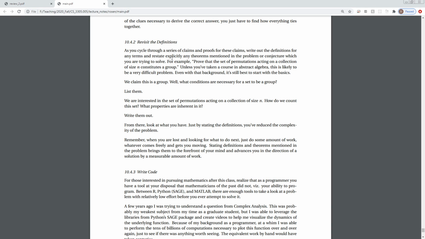I always start with the definition. So if I have some proof that's asking me to prove something, right? So prove that the set of permutations acting on a collection of size n constitutes a group. Okay, well, the first time I saw that, I didn't know what it was asking. And so now, if I had to do this over again, the first thing I would do is write out the definition of a group.